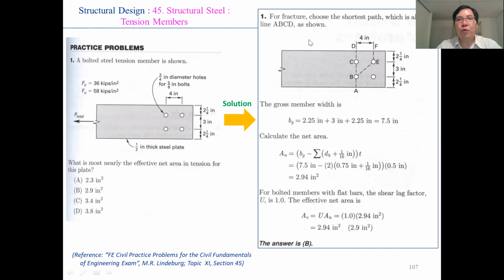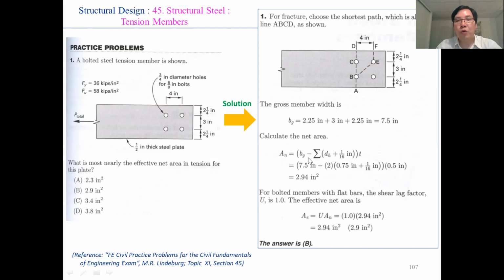For fracture, choose the shortest path along the line A, B, C, D as shown in the figure. So the gross member width is BG. You can calculate BG, and after that you can calculate the net area by this equation.